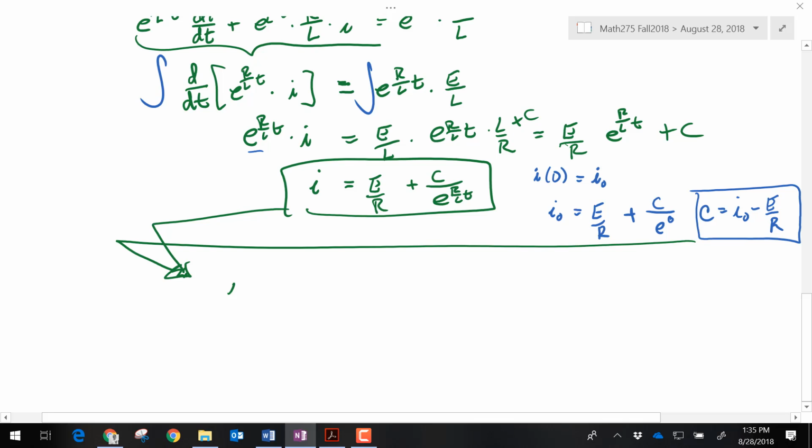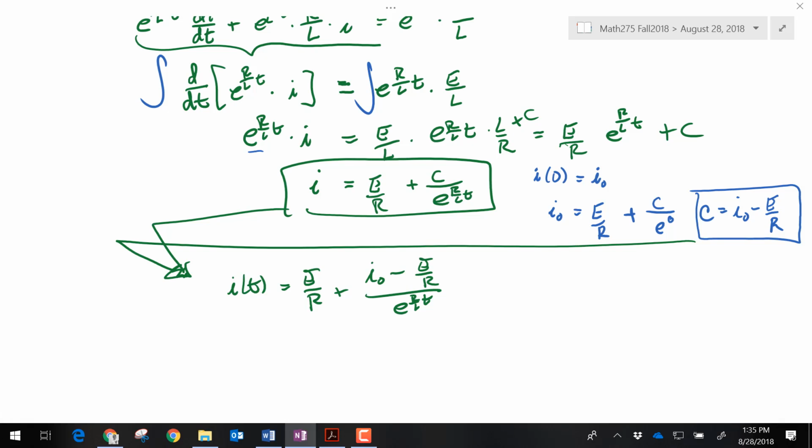So we have I of t is equal to E over R plus (I sub 0 minus E over R) divided by e to the (R over L) t, which we can somehow rewrite it.